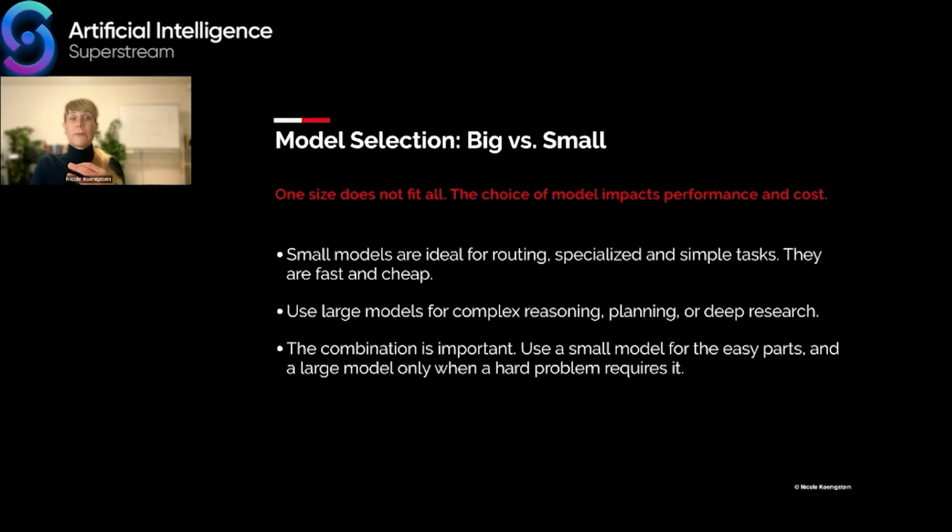And the combination is important: you use small models for the easy parts, and large models only when hard problems require it. Again, it's like hiring a team. You don't just hire all experts. You have interns, you have entry-level jobs, and you have the senior experts in your team. This is really the same.